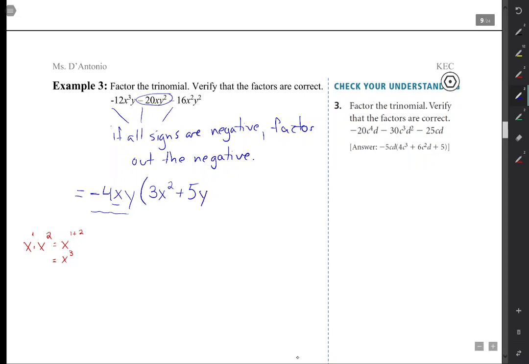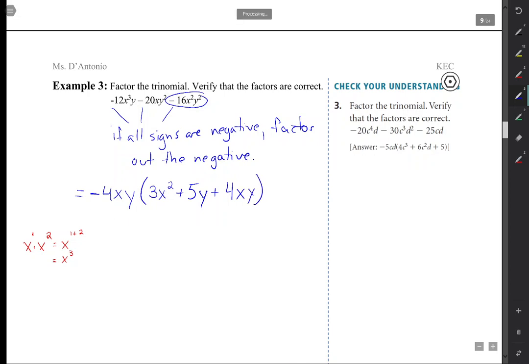It would just be y. And then the final term here, -4 times what would give us -16? That would be +4. -4 times +4 gives us -16. X times what gives us x squared? Just an x. And y times what gives us y squared? Just a y. So there we have it.